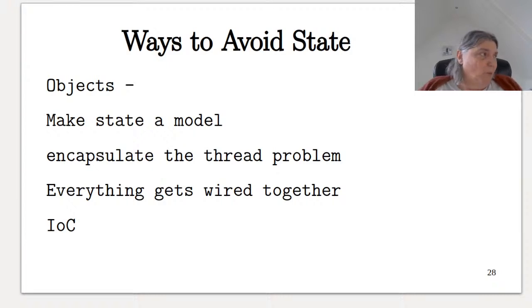Okay, so ways of dealing with state. Well, one, objects are actually a way of dealing with state. You wrap the raw state up in a model, and oftentimes you can use this encapsulation to deal with the thread problem, and to use events to make certain that views get updated.